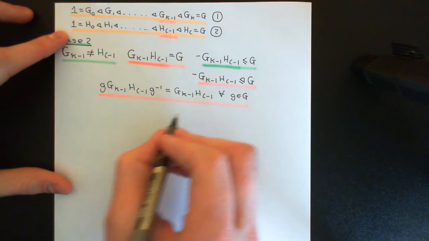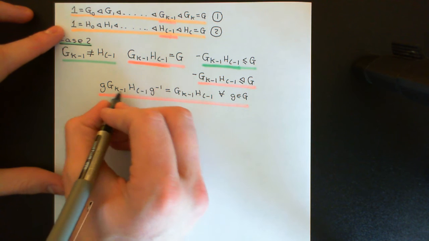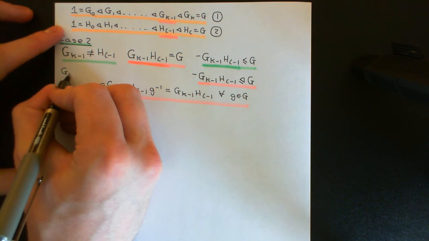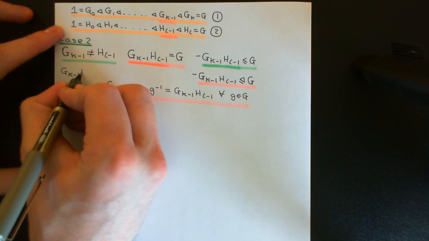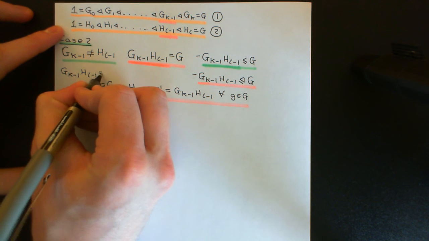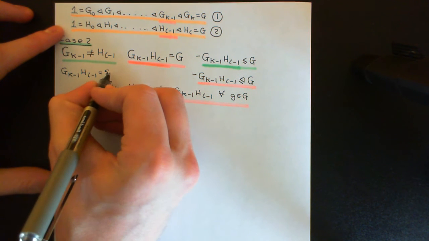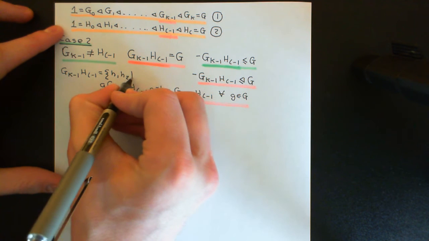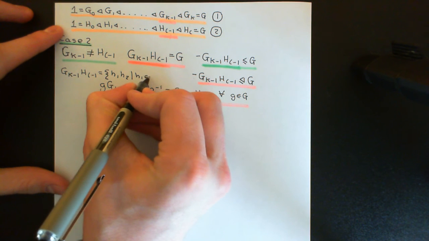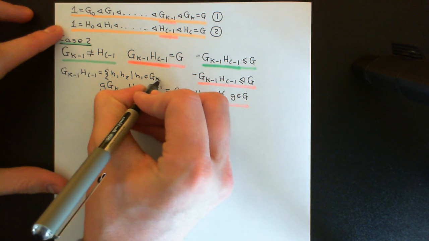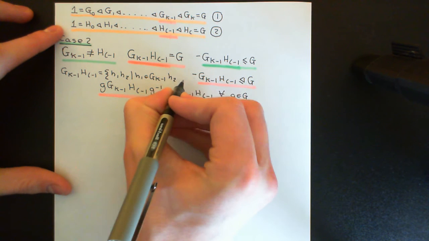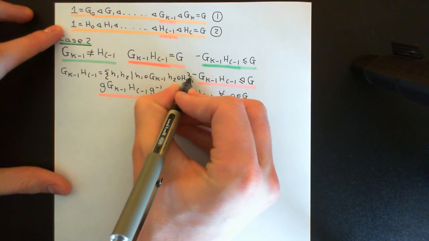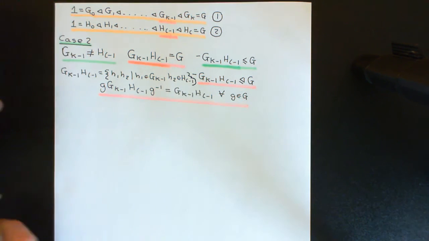Now let me just create some notation for the elements of the product of G_{k-1} with H_{l-1}. Remember this consists by definition of all of the elements of the form little h1 composed with little h2, where little h1 is an element of G_{k-1} and little h2 is an element of H_{l-1}, and then close the set brackets there.